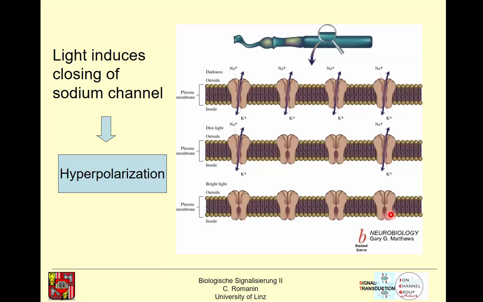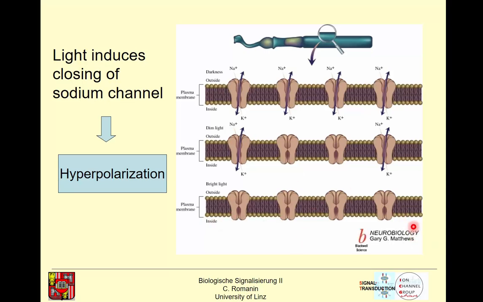So the change from a depolarized state to a hyperpolarized state, when light shines on a photoreceptor cell, comes from, first, in the dark state, an opening of sodium channels, which somehow, due to a mechanism we still have to understand, close when light shines on these photoreceptor cells, which finally leads to a hyperpolarization.